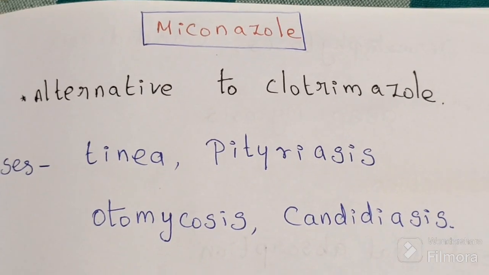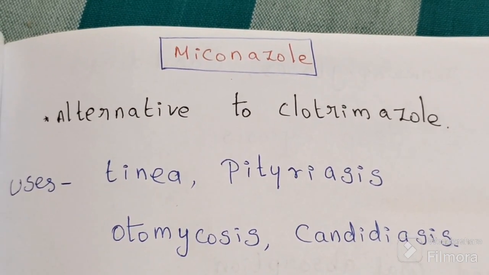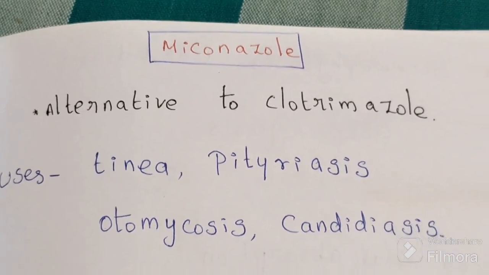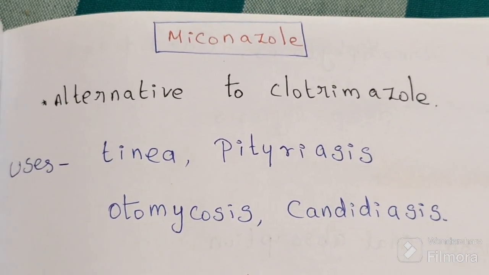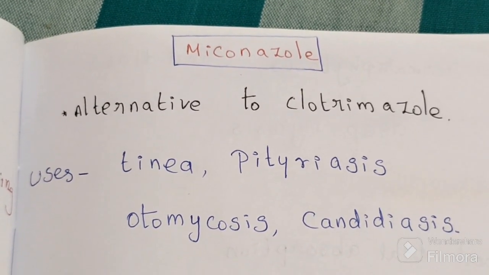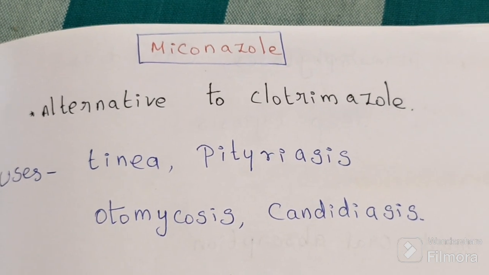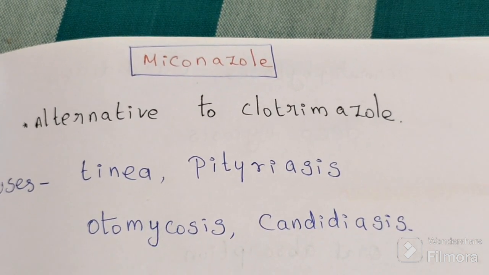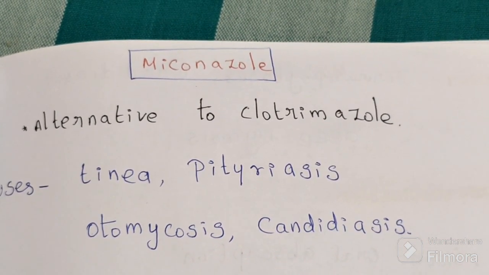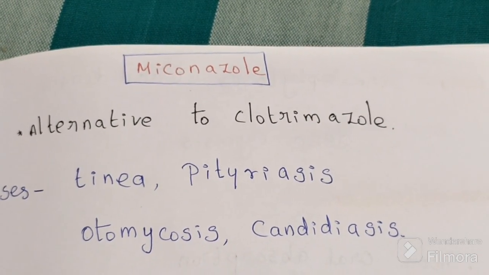Next drug is miconazole, which is an alternative to clotrimazole, and is used in tinea, pityriasis, otomycosis, and oral and vaginal candidiasis.